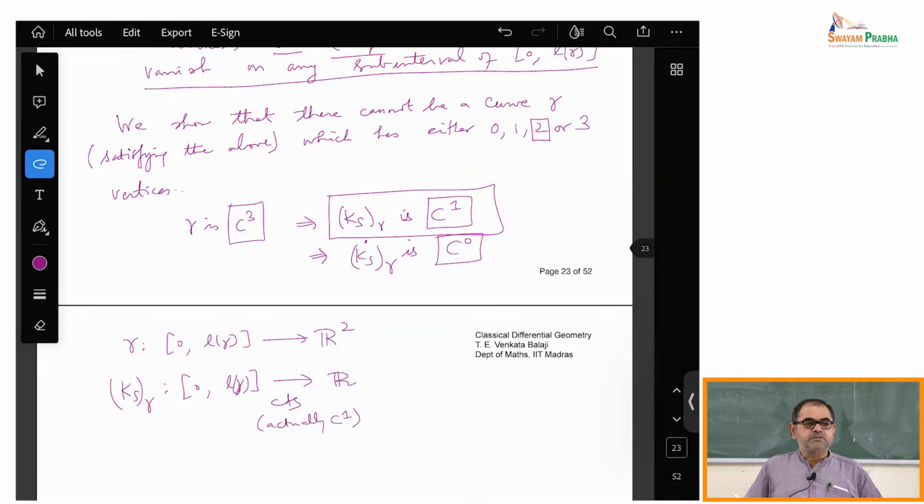Now there is a little bit of topology that comes into the picture. If you take a real valued function on a closed finite bounded interval, then the image of that is also a closed finite bounded interval.